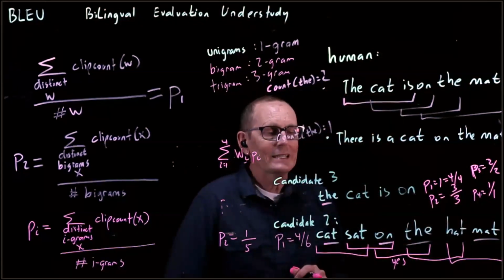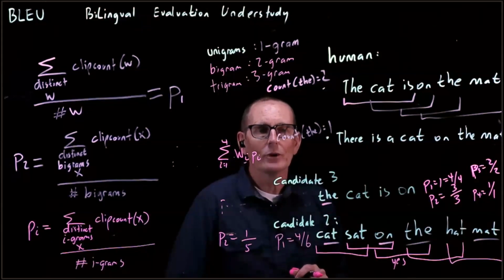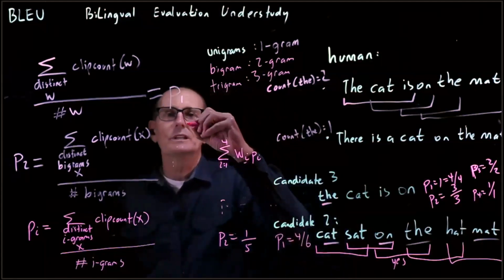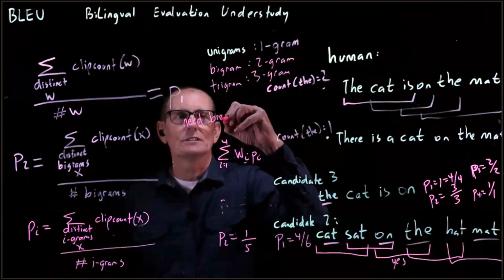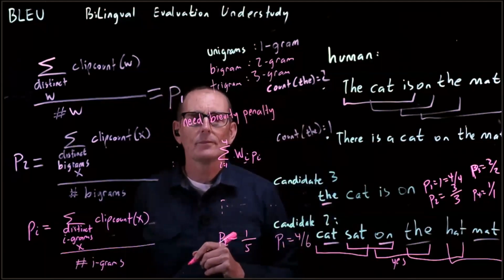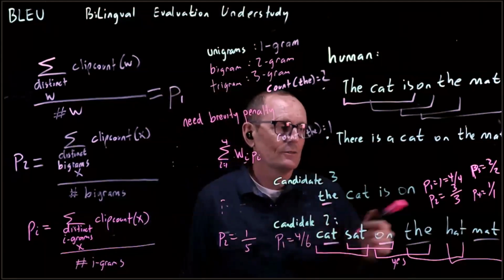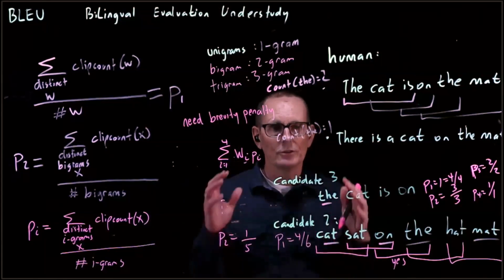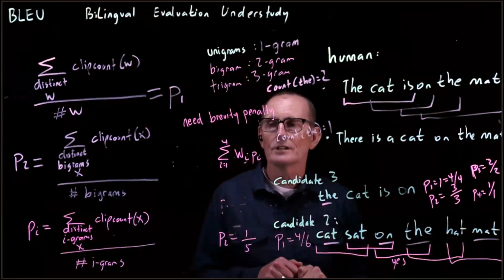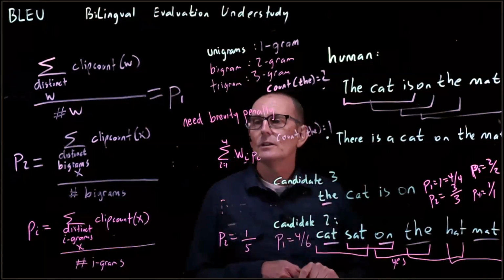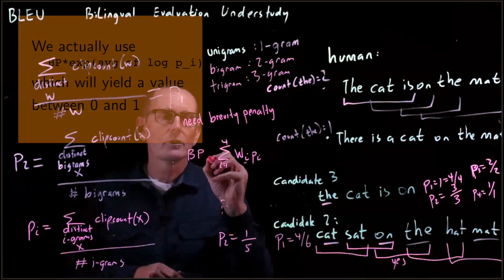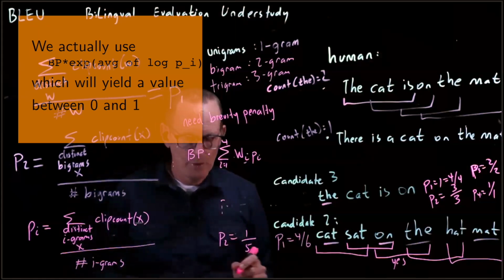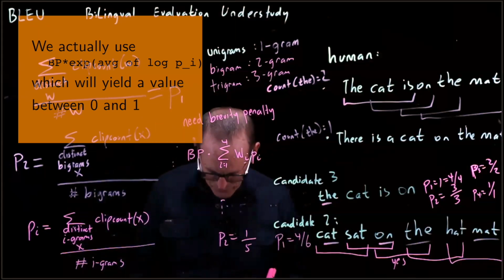So we need to somehow add a penalty for short translations. We'll call it a brevity penalty, because you can get these good scores if you just make short translations. We're going to multiply by this brevity penalty.